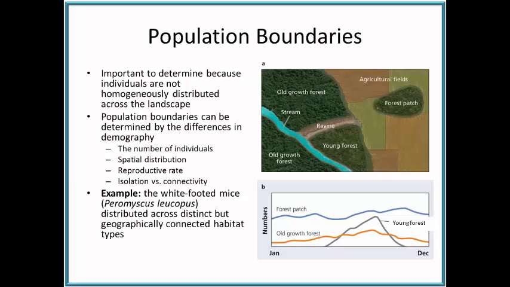And although it's all the same population because they may be more or less connected, we can see that perhaps the old forest and young forest are more easily connected than the forests and the forest patch. There can be differences, is what I'm getting at. And we need to be cognizant of that when we talk about a population. That is, a population may have small clusters within it over the landscape.